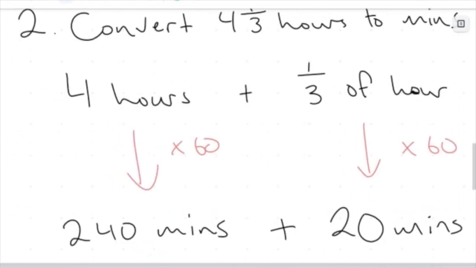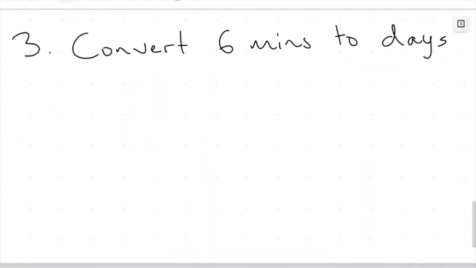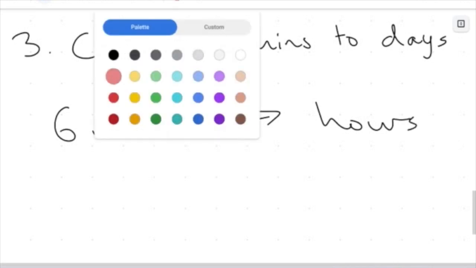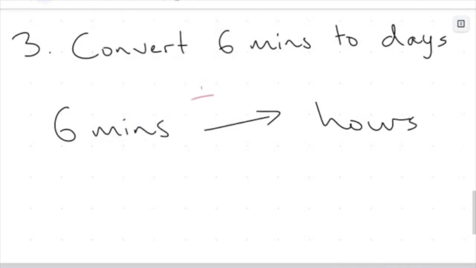So converting 6 minutes to days, I'm going to take my 6 minutes and to get it to hours first, what am I going to do? Well, I'm going to divide it by 60.